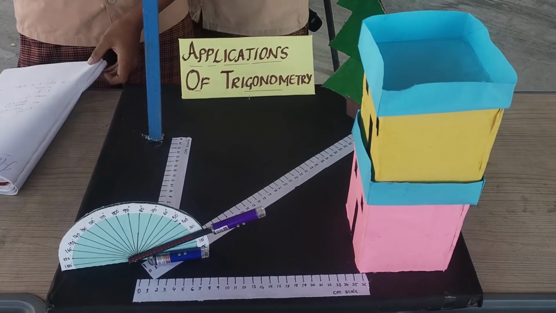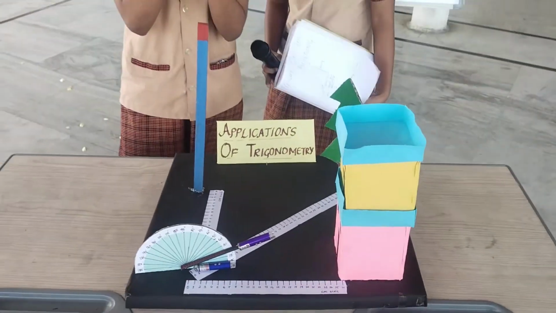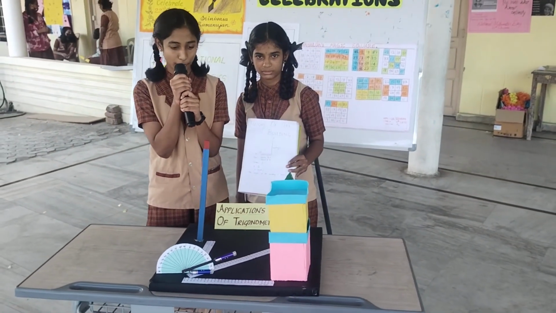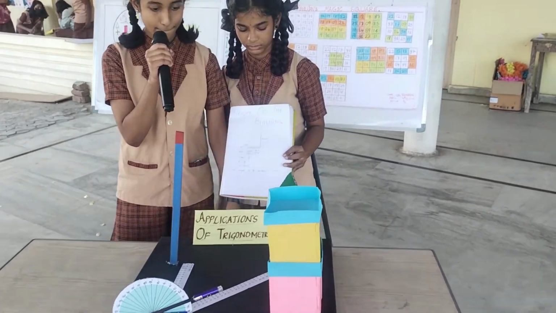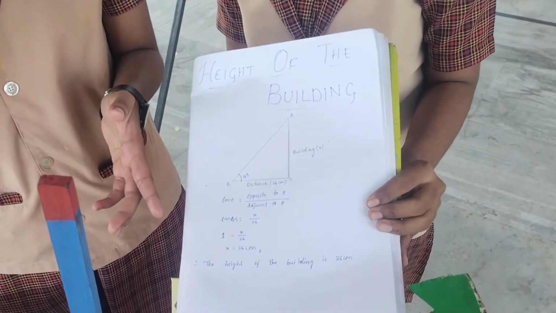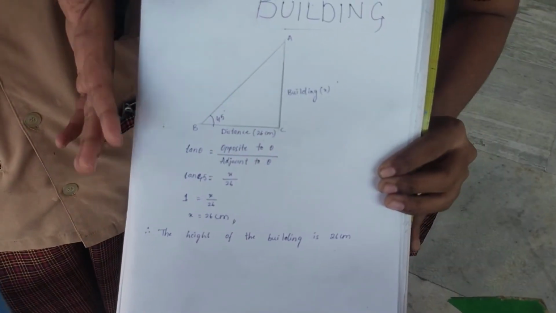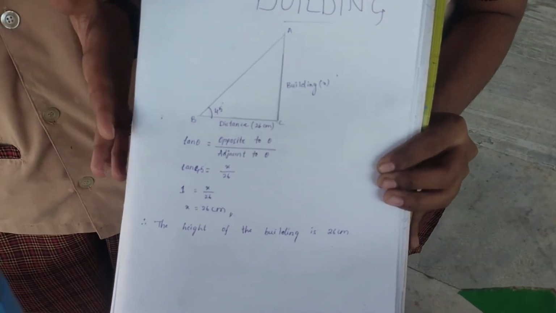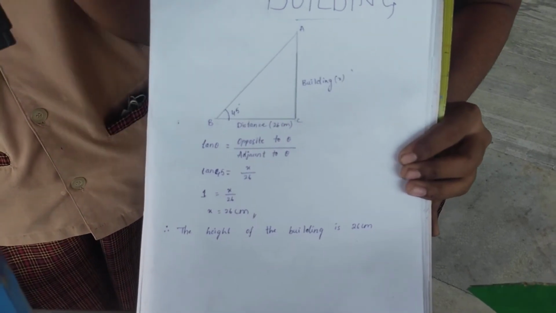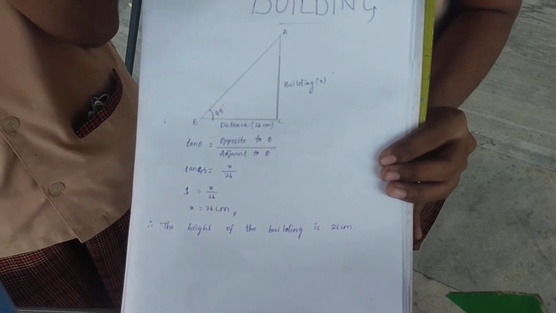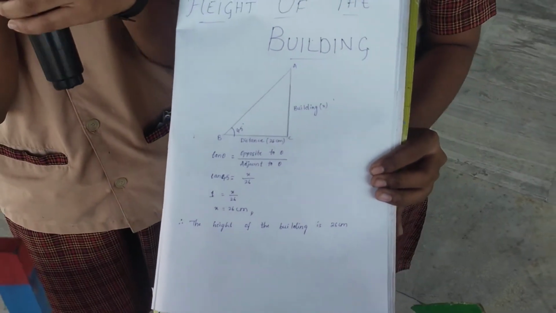To find the opposite side, which is height, we need to substitute in tan theta. The ratio is opposite side to theta by adjacent side to theta. And when we don't know the opposite side to theta, we have to substitute the angle in the place of theta and substitute the distance. Then we will get the value, that is 26 centimeters. The height of the building is 26 centimeters.